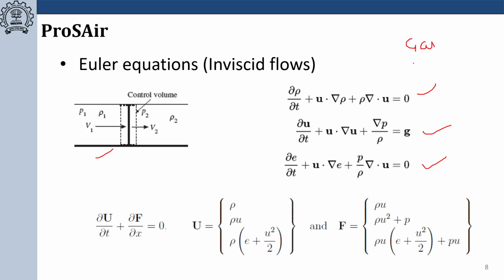The gaseous equation of state is the relation between P and V, that is simple, PV equals nRT. Such relations are being used, and using those relations ProSAir will be computing the unknown parameters. So this is how the ProSAir software computes your unknown parameters.